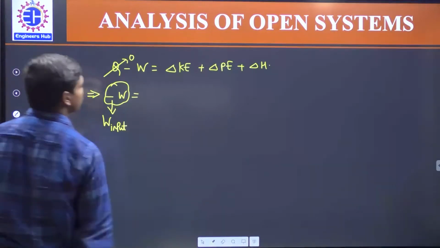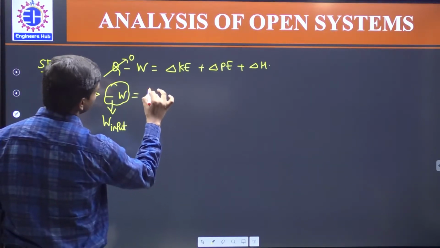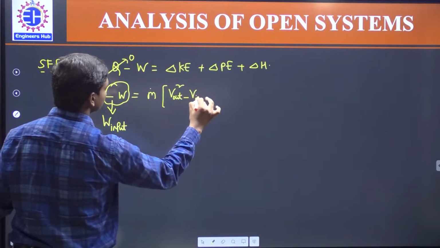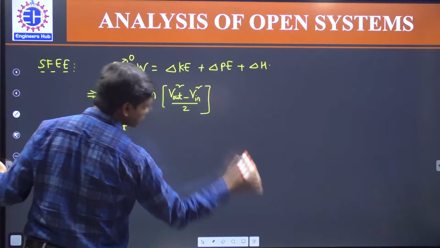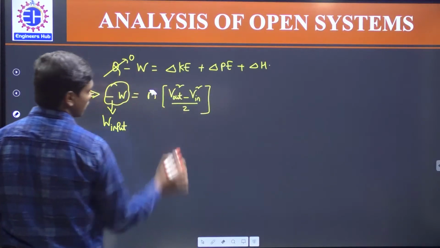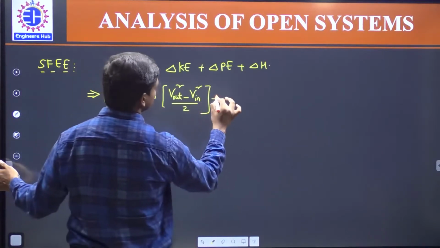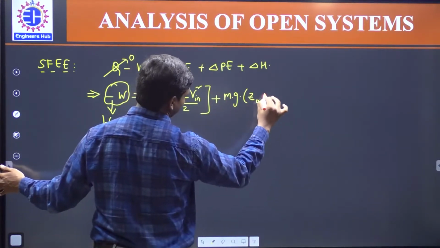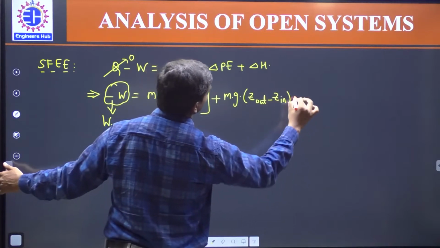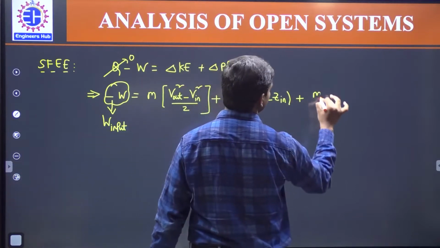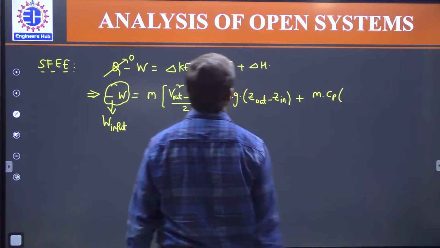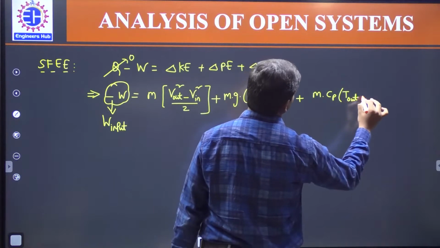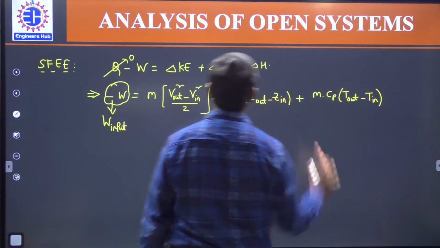So work input is equal to delta KE, M into V out square minus V in square divided by 2, plus M into G into Z out minus Z in, plus this delta H can be written as M into Cp into T2 minus T1, or T out minus T in. We'll remove the dot because we are dealing in total quantities.